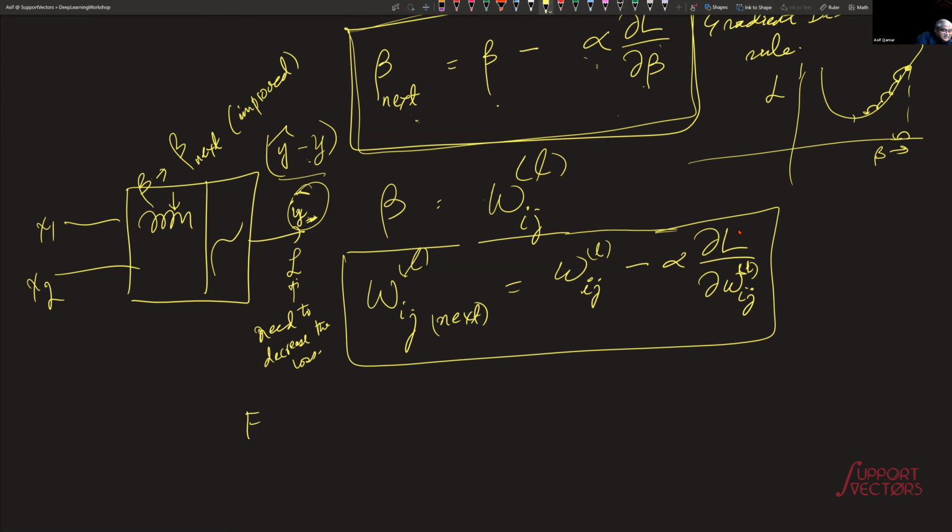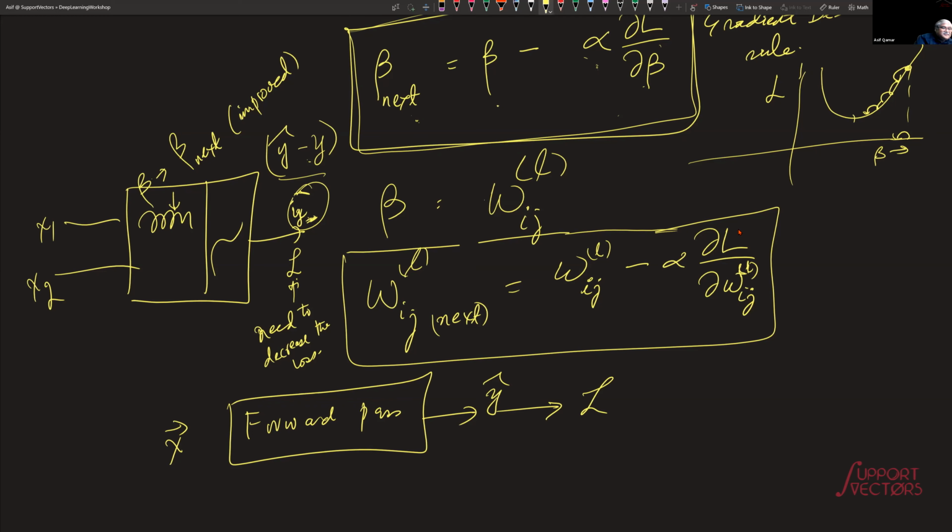The forward pass, given X, will produce Y hat, and therefore it will produce the loss. And then the backward pass, which we are getting to, is basically the update of weights using gradient descent.